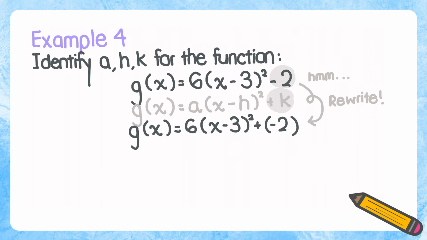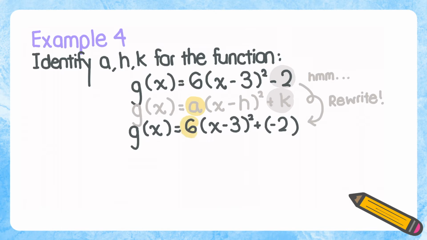Subtracting 2 is the same thing as adding -2. Now that we rewrote the function, notice that we have an exact match. So we can now easily identify a, h, and k.